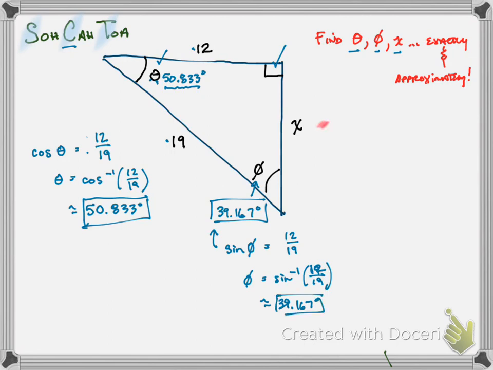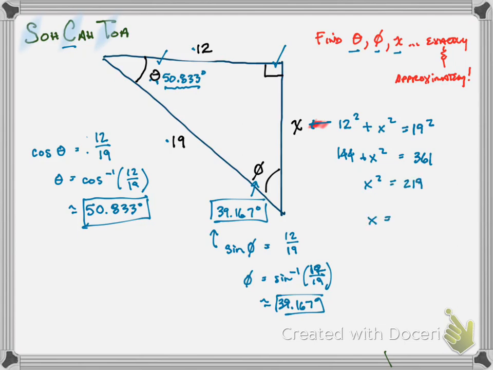And so lastly, we want to solve for x. I would use the Pythagorean theorem in this case, and I would start by saying 12 squared plus unknown x squared is equal to 19 squared. Now 12 squared is 144, plus x squared is equal to the square of 19, which is 361. We'll subtract 144, and we get 217.